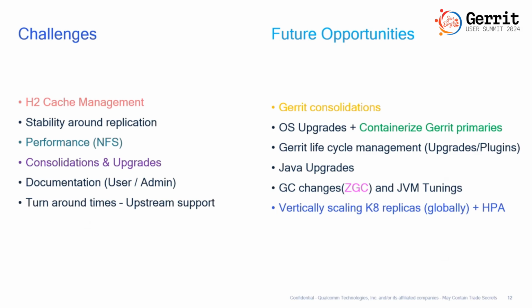Yeah. So challenges. During this upgrade primarily, we realized that H2 cache management was a little challenging for us because the caches are growing significantly on the disk. We try to remediate the problem with some monitoring and alerting in place.